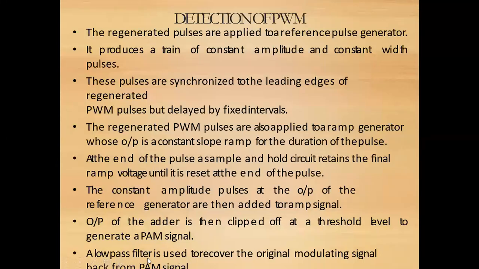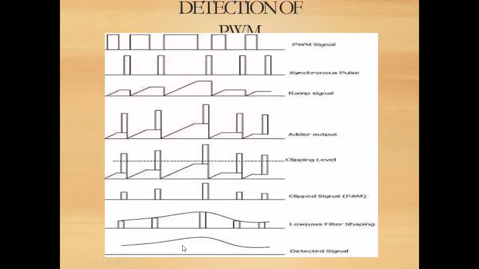So the low pass filter is used to recover the original modulating signal. By these waveforms, by this particular figure, we can clearly understand the operation of the receiver circuit, that is the detection circuit of PWM. So this is about PWM, pulse width modulation, generation and detection techniques.